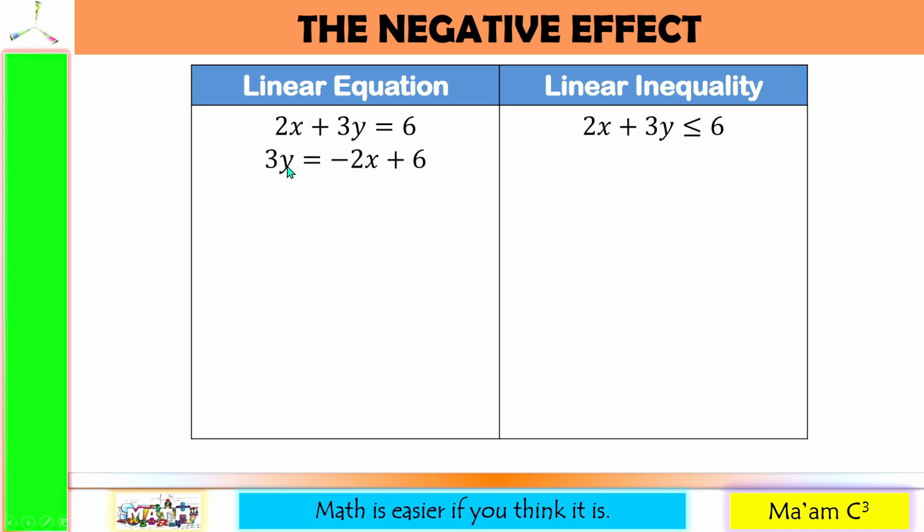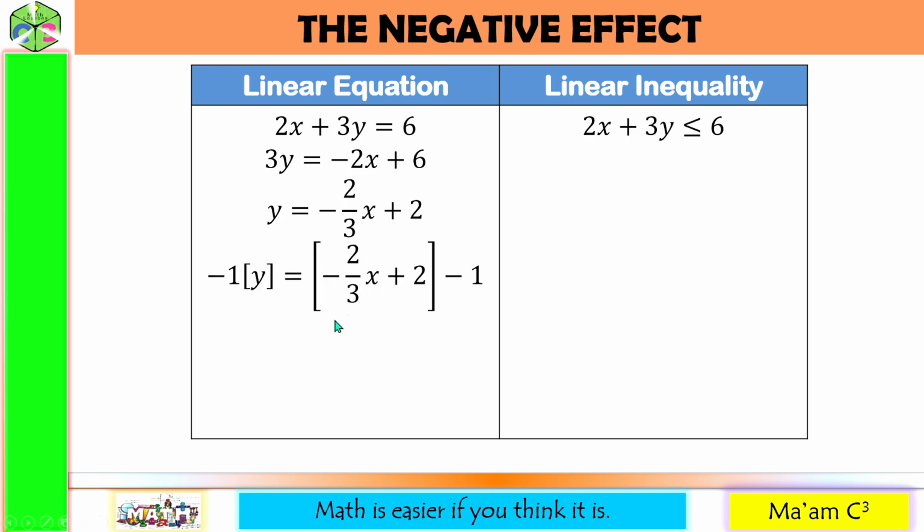To solve for y, we are going to divide both sides by 3. So this will become y is equal to negative 2 over 3 of x plus 6 divided by 3 is 2. So plus 2. Now let's see what will happen if I multiply this with a negative number because we're after the negative effect. To make it easier, we'll multiply both sides by negative 1. So this y here will become negative, this will become positive, and this will become negative.